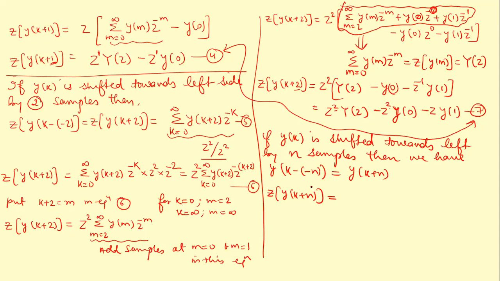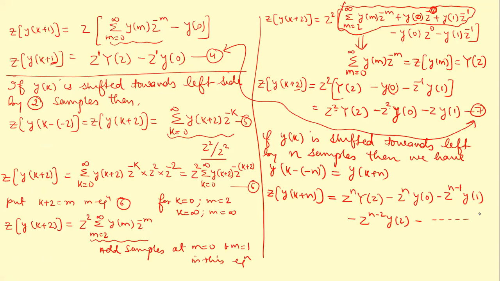So if a sequence is shifted by n samples, we have z raised to the power n Y(z) minus z raised to the power n y0 minus z raised to the power n minus 1 y1 minus z raised to the power n minus 2 y2 and so on, like this. This is the z transform of a sequence which is shifted towards left by n samples, right? Let us say this is equation number 8.